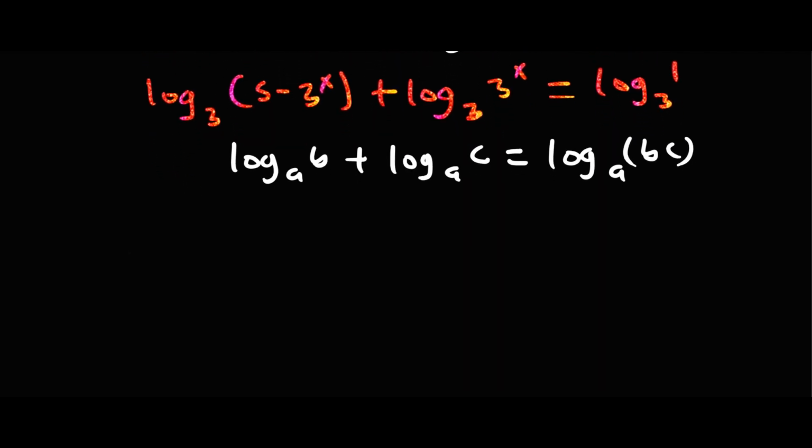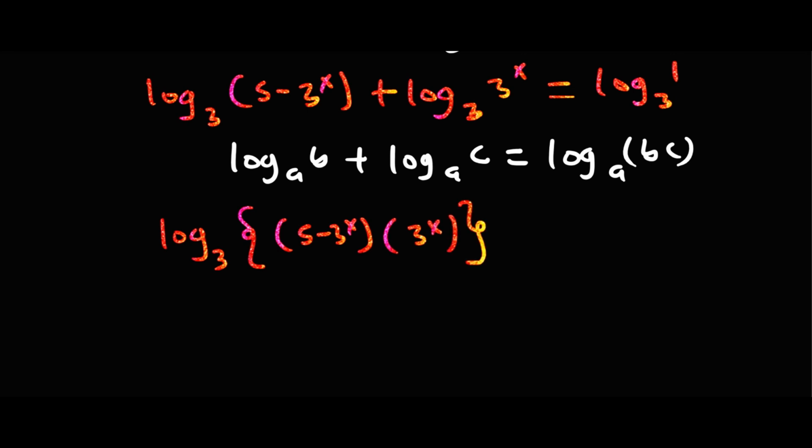So our equation will be log to base 3 of [(5 minus 3 power x) times 3 power x] is equal to log to base 3 of 1.